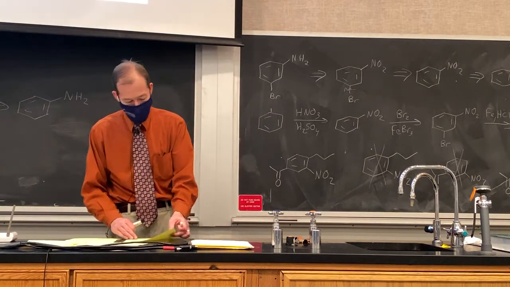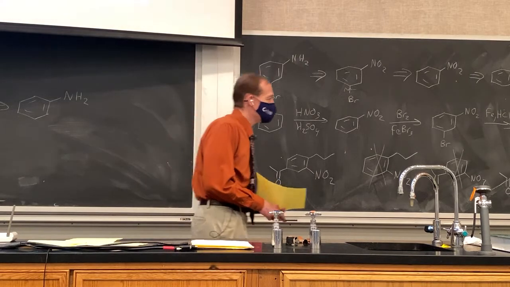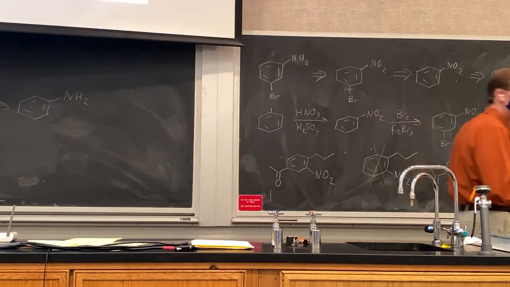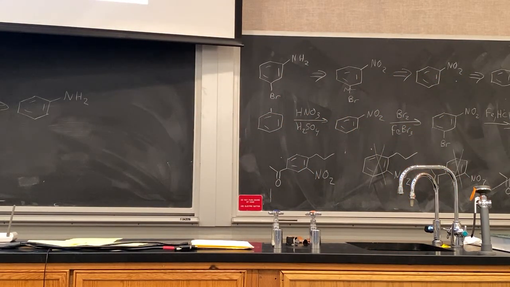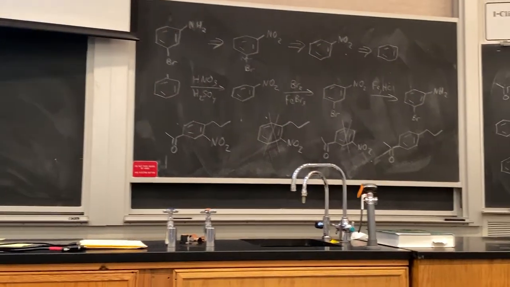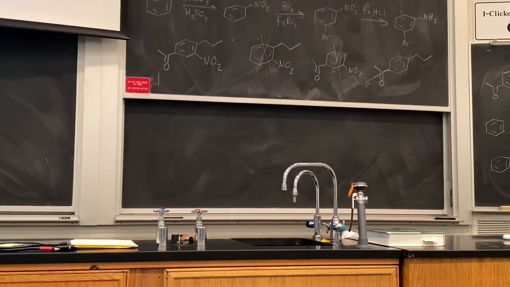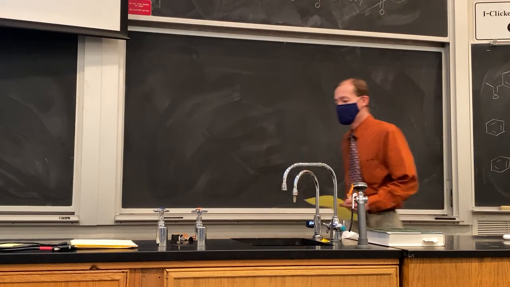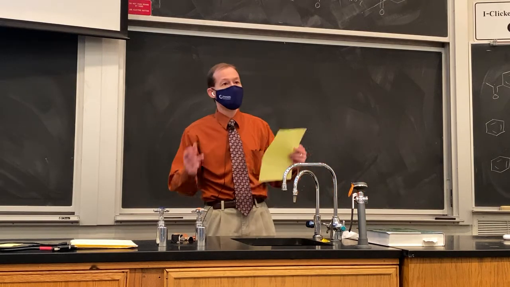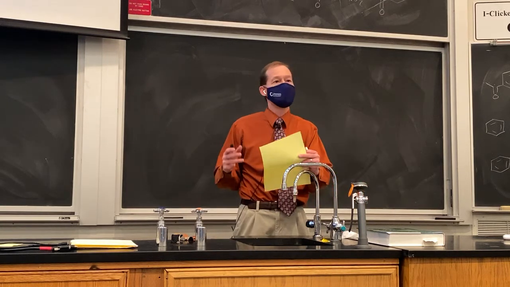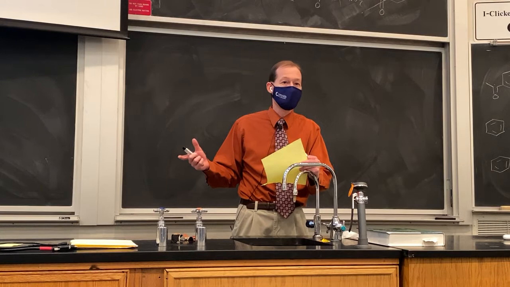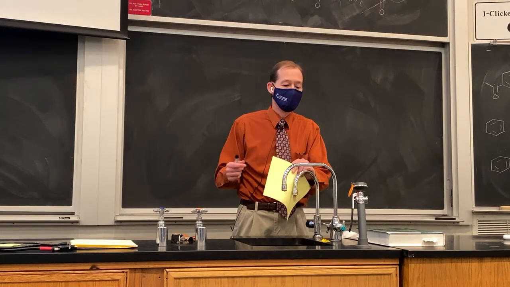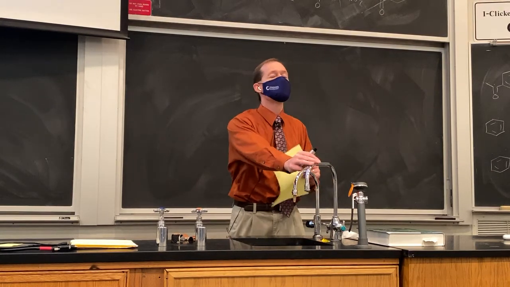Let's turn the page to chapter 19, where we're going to talk about carboxylic acids. So we studied acid-base chemistry way back in chapter 2. This chapter is going to be a bit of a review of acid-base chemistry. It's situated at this point in the class because the next several chapters deal with the reactions of carbonyl groups.